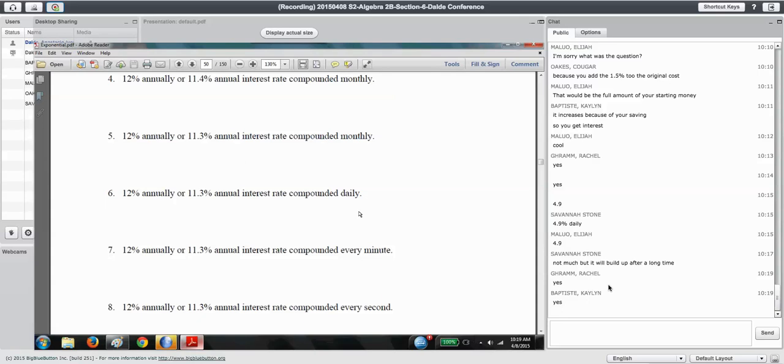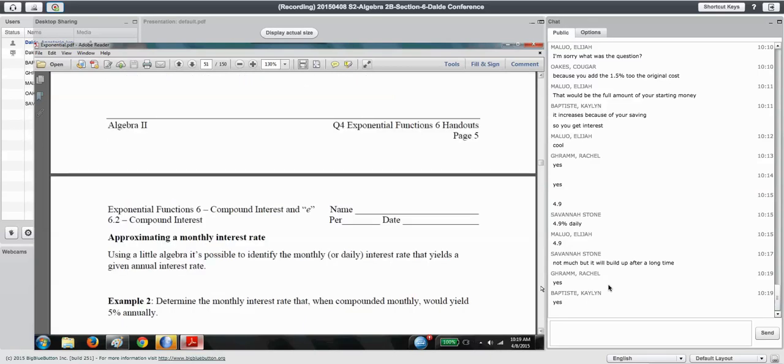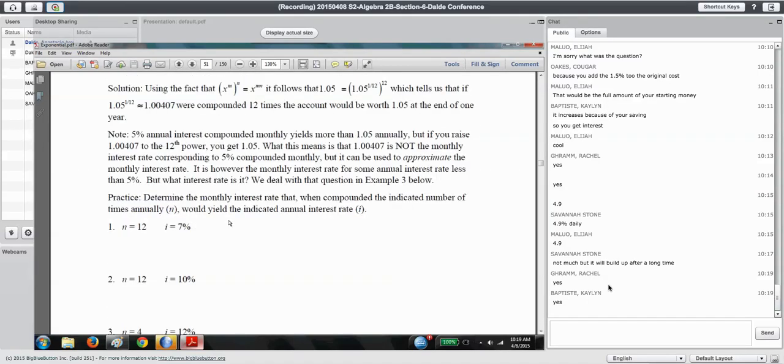All of these equations are really just plugging numbers into the formula. So this is where your n is 12 and your i is 7, and that kind of stuff.